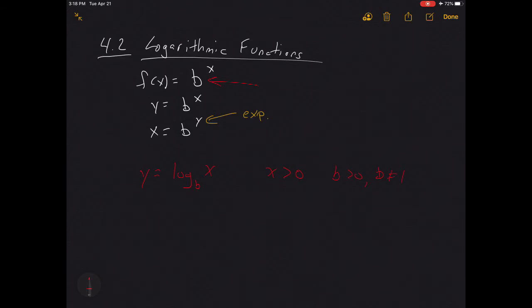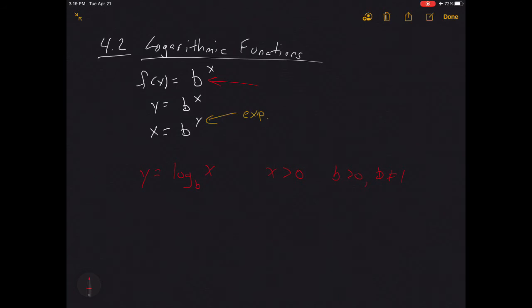Because 1 times 1 times 1 times 1, it's still 1. So those two values, 0 and 1, do not follow exponential patterns in which something will grow very, very fast or decay very, very fast. So 0 and 1 are the only bases that you can't use, other than negatives. Negatives don't work either because those do not follow exponential patterns.